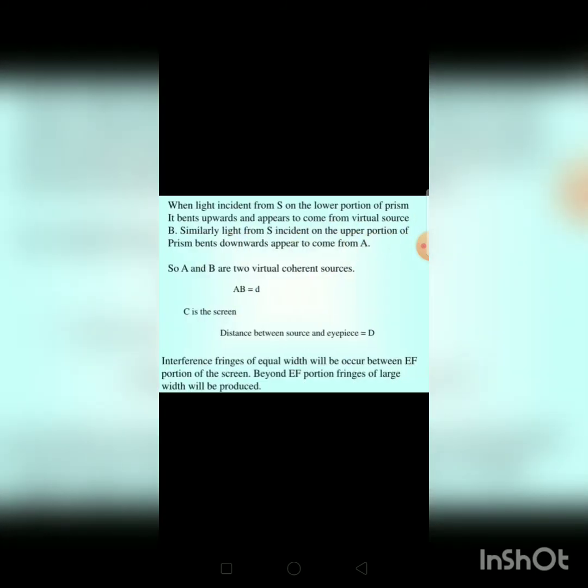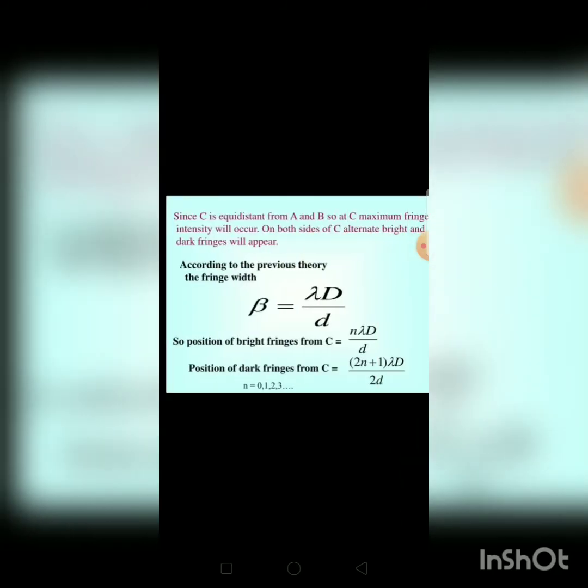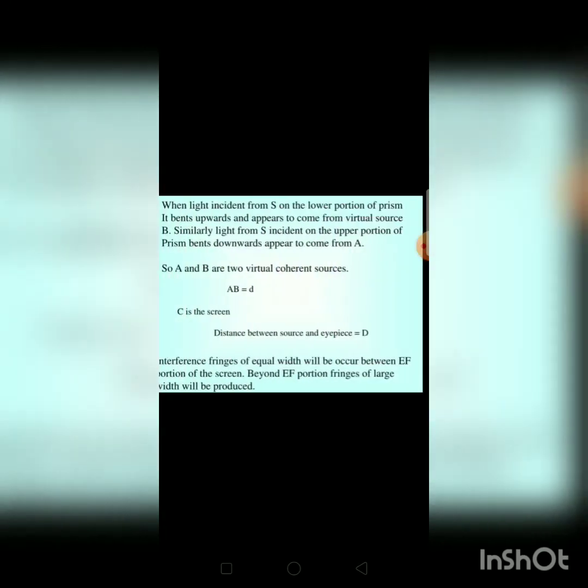The center line, as shown here, has phase difference 0, so the center line always gives the bright fringe. Beyond the EF portion of the screen, fringes of larger width will be produced, because after a long distance the fringes become larger. Next, since C is equidistant from A and B, C is the maximum. Look, C is the middle.